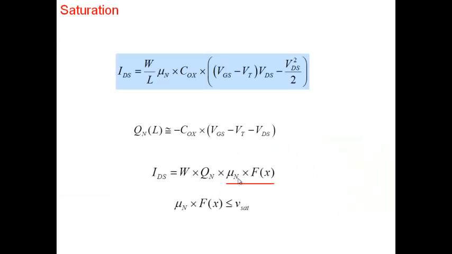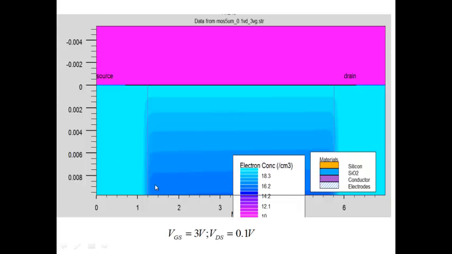Okay. This is just illustrating, if I look at my simulation results again, this is VGS equal to 3 and very low drain voltage. This is showing electron concentration, and this color denotes the highest. I don't think you can see the color very well. All the shades are not coming through. So you have almost uniform electron concentration here.